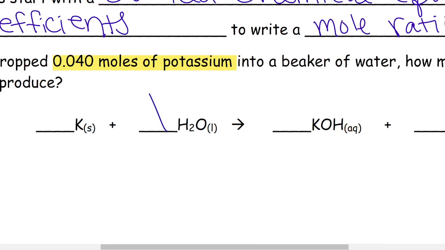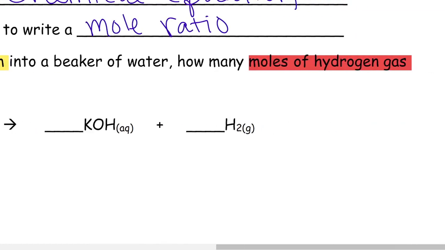This is our known information. This is always where you'll start. And then the moles of hydrogen gas, this is what the question is actually asking us for, is how many moles. So this is my question.